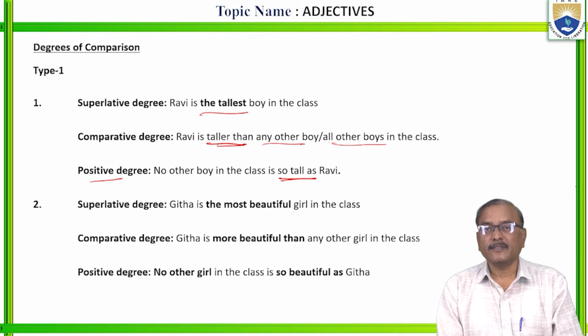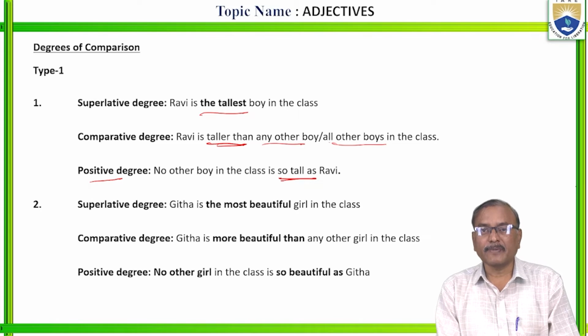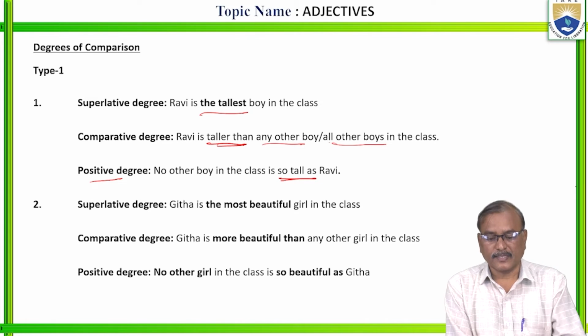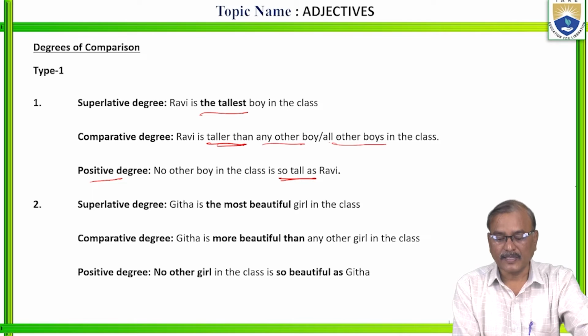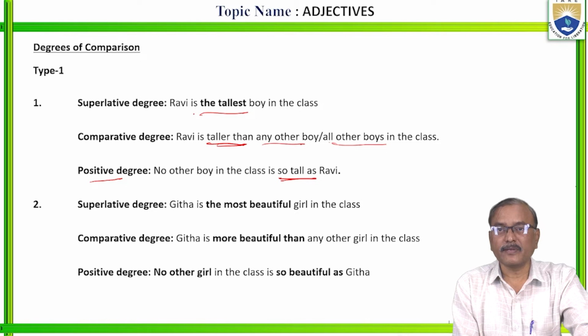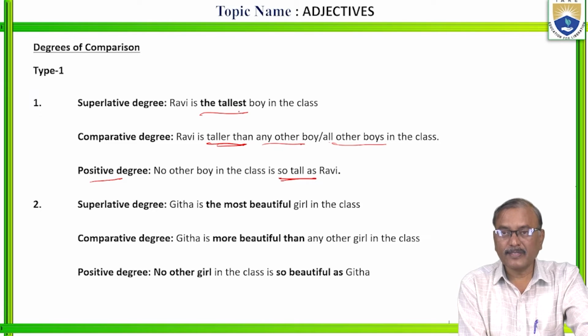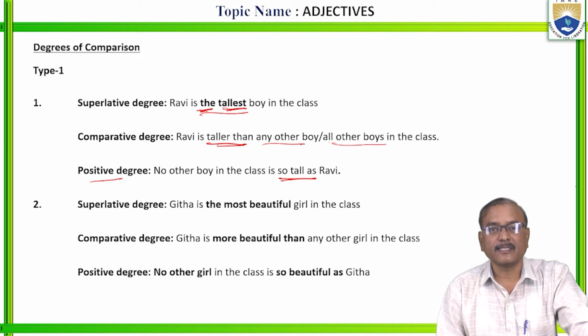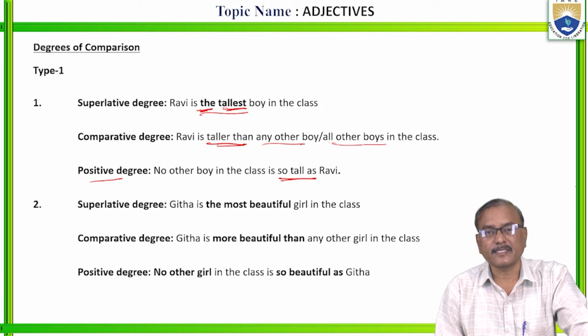So see here what is happening, what we should do. What are the changes? Let us observe. Here the tallest is turned to taller. And in the superlative, remember, whenever there is a superlative degree, before the superlative we have to keep the article: the tallest, the biggest, the cleverest, the highest, like that.